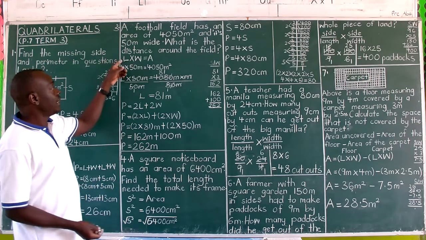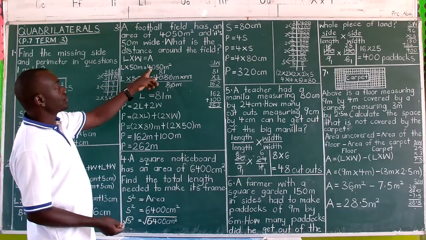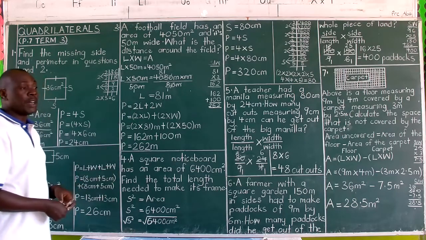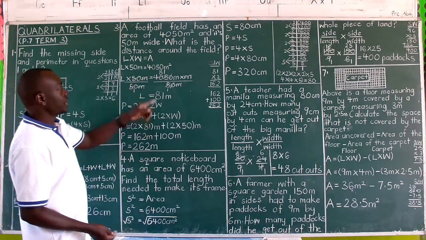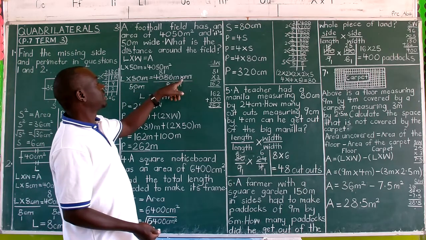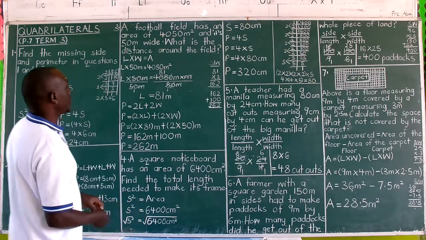You say length times width equals area. That's L times 50 meters equals 4,050 meters squared. Then divide both sides by 50 meters. That's L times 50 meters divided by 50 meters equals 4,050 meters times meters, that's meters squared, divided by 50 meters.